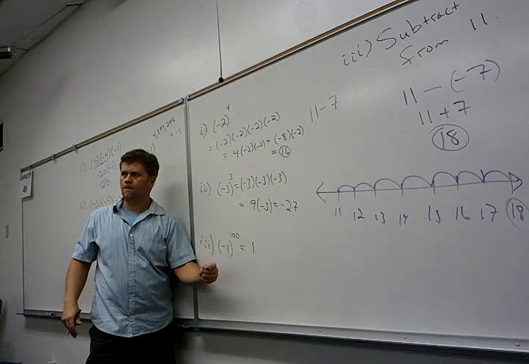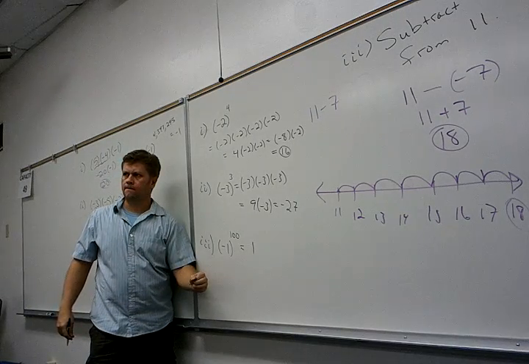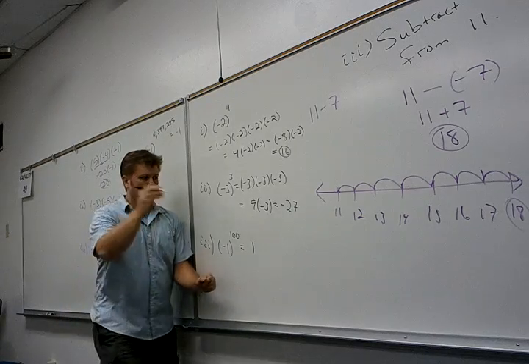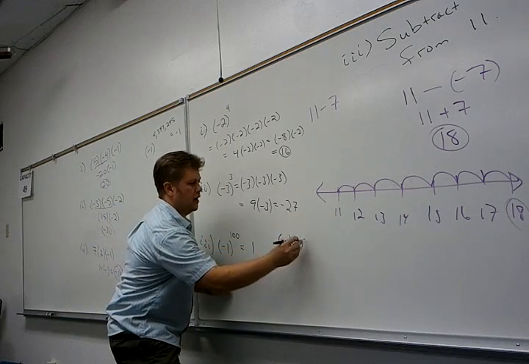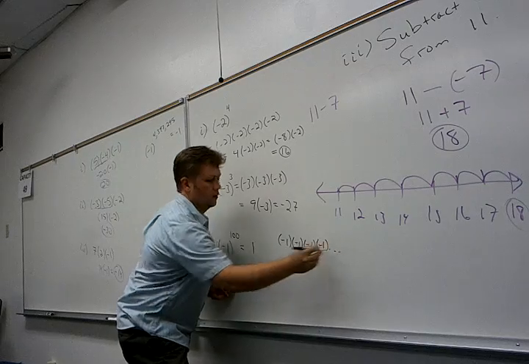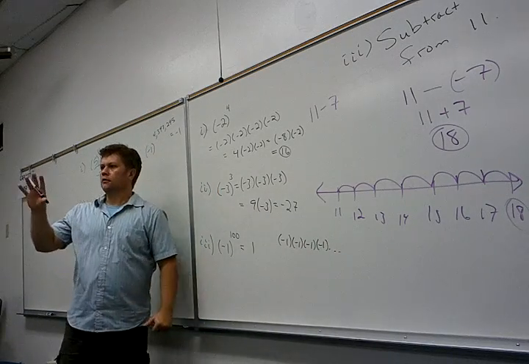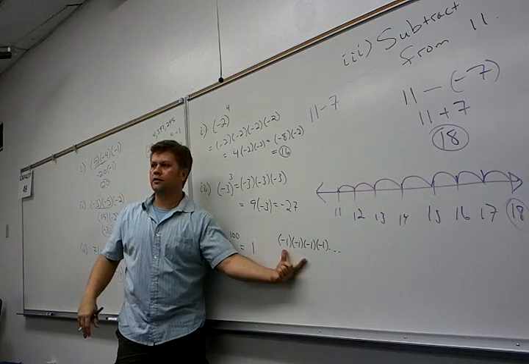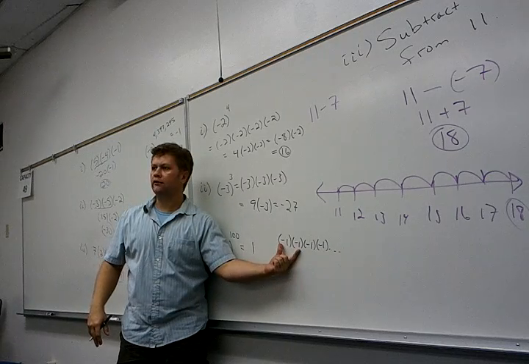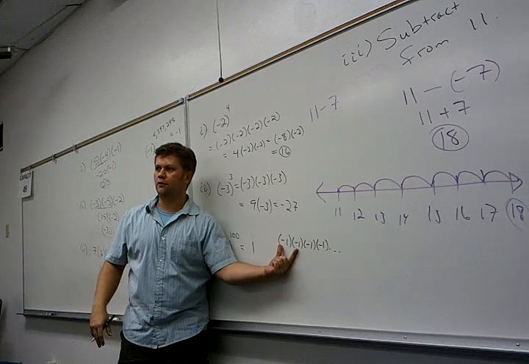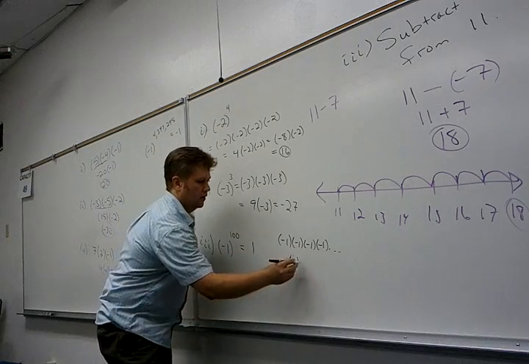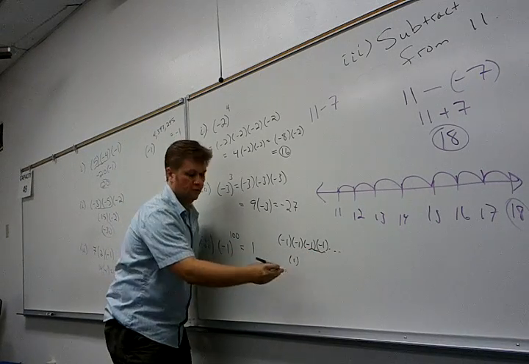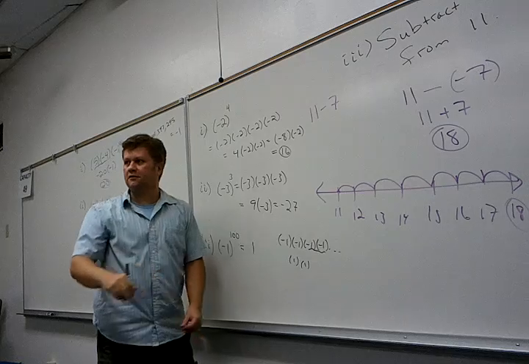How does it become 1 if it's negative 1? So if I started writing this out, you with me? Watch. Any pair of negative 1s will make what? Negative 1 times negative 1 is 1. The next pair makes 1. The next pair makes 1.